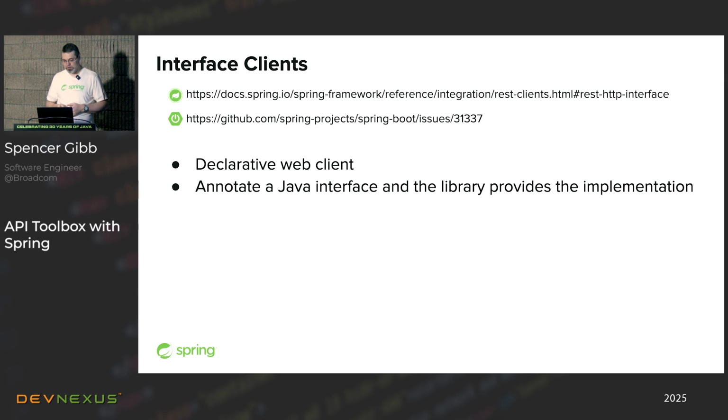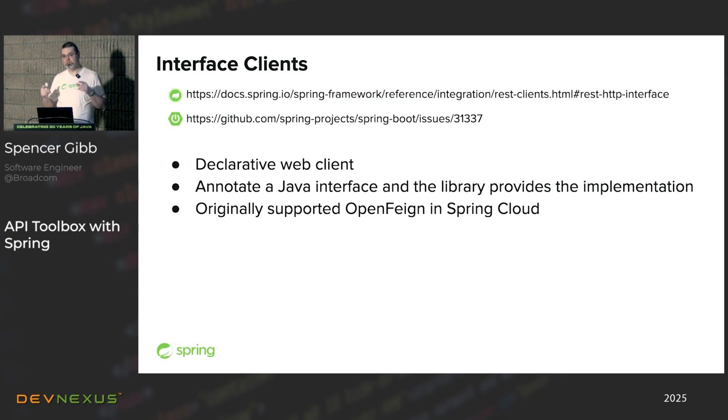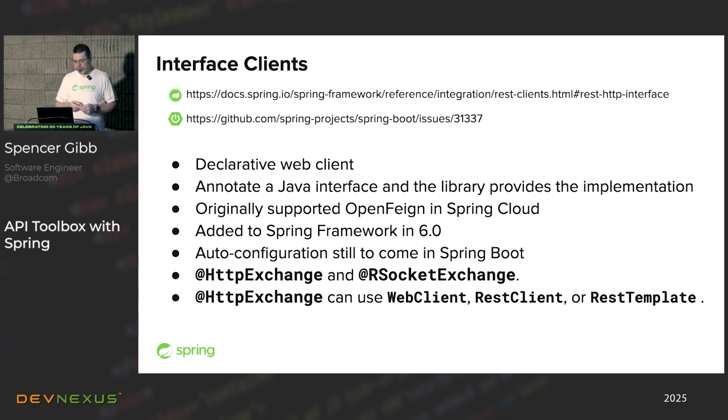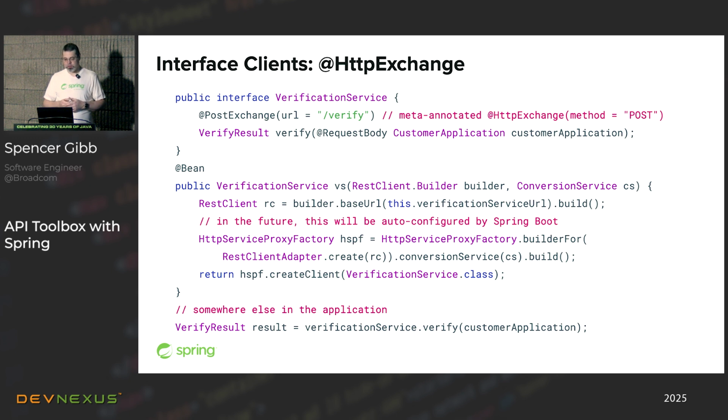Previously, it was Feign in Spring Cloud, but we moved that functionality into Spring Framework to provide it natively in Spring Framework 6.0, and my colleagues are working on doing the auto configuration to come later this year. So what this looks like in practice, there's a special annotation, @HttpExchange, and it looks like this.